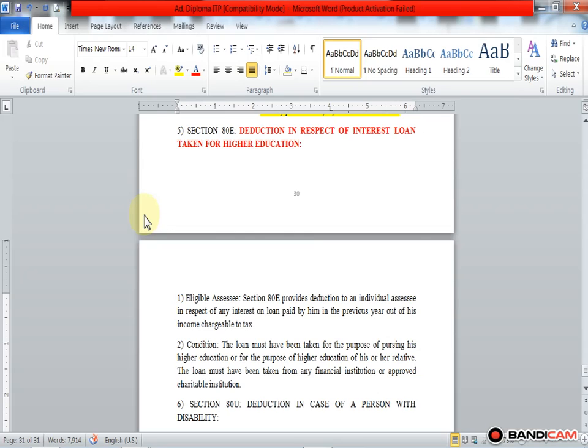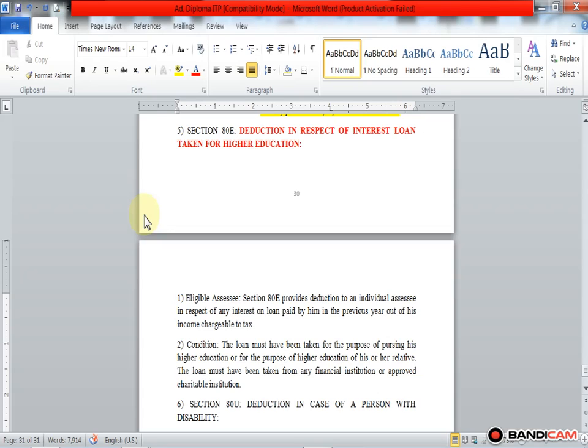So this condition is very important. And another condition is given here: the loan is sanctioned in the financial year 2018-19 or 2019-20. The amount of sanctioned loan does not exceed rupees 35 lakh.